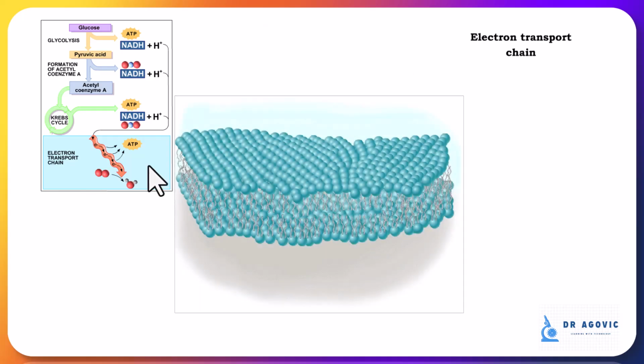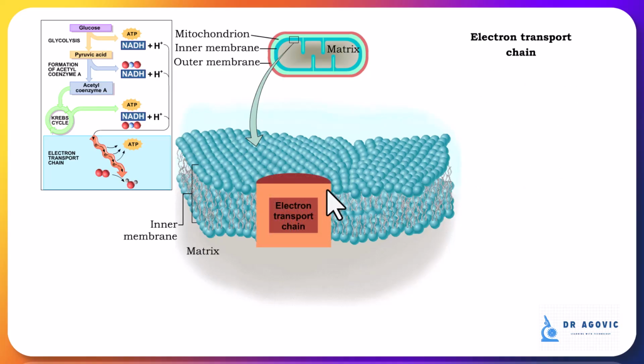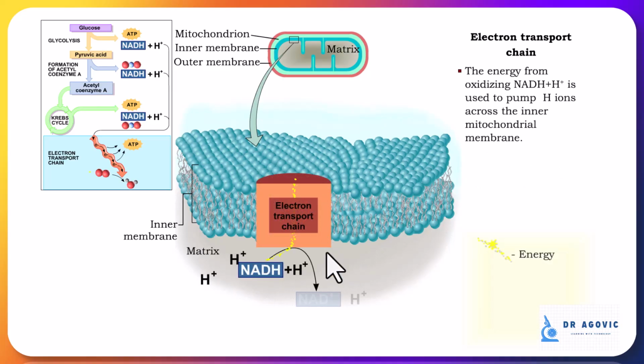During the last step of aerobic glucose catabolism, the reduced coenzymes are used to generate ATP. This step occurs in the inner membrane of the mitochondrion. When the reduced coenzymes are oxidized, the energy is used to pump hydrogen ions across the inner mitochondrial membrane.